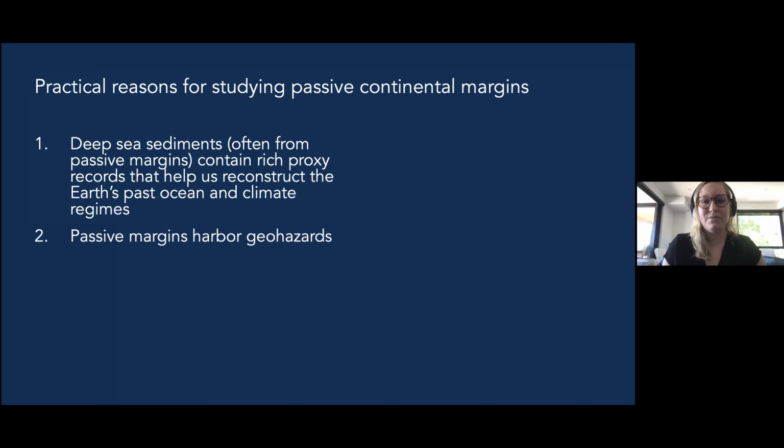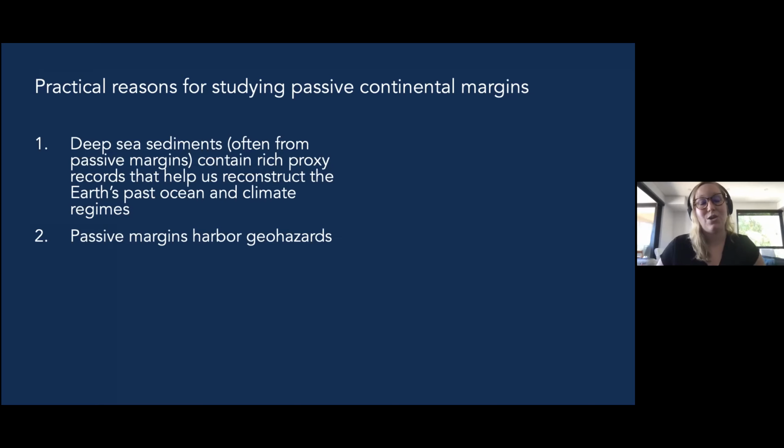And the second reason for studying passive margins is to know about some of the geohazards that originate there. And so there's a lot of infrastructure on the seafloor that we rely on. And I mentioned submarine cable breaks before. And there's this common misconception that the majority of our communications is facilitated by satellites.